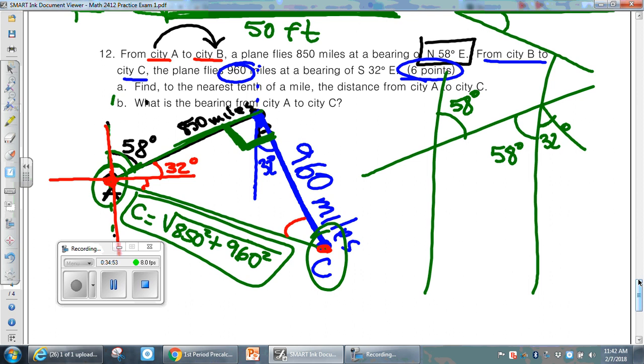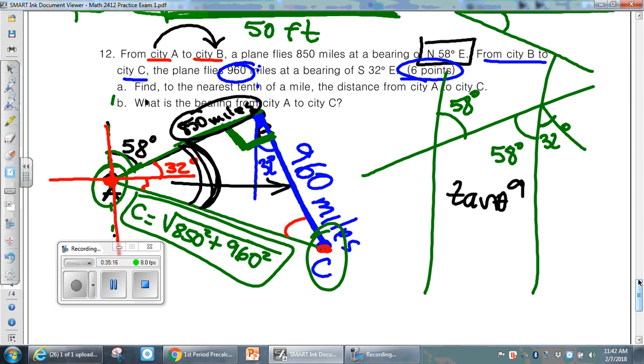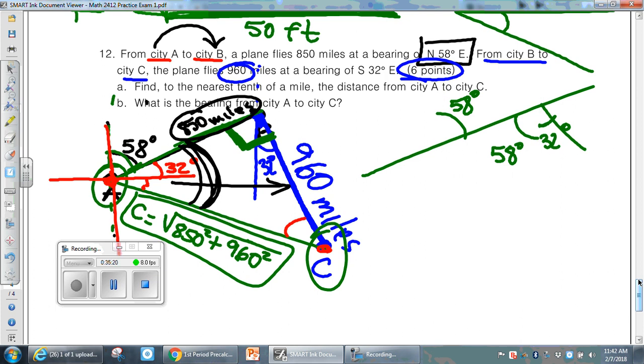No, for the C bearing. How can we get this angle for sure? Since we know all sides of the triangle, we have the opposite and the adjacent to this angle right here. So let's use tangent. Opposite is 960. I'm sure we could also get it from the parallel lines, right?